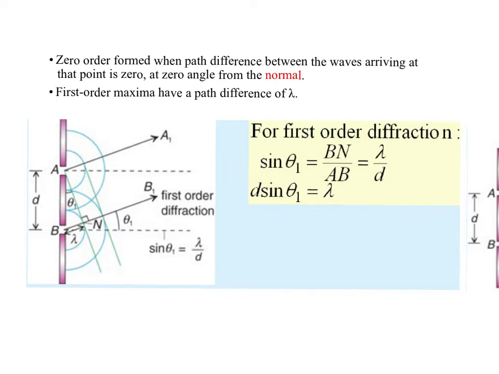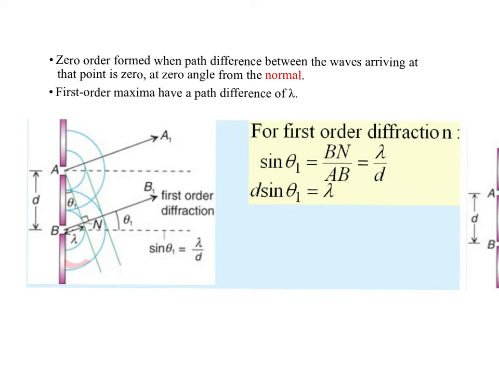So here we have the wavefronts, so these blue lines here are wavefronts, and these are the rays of the wavefronts. Now we can use that to compare how much further the wave from A is compared to the wave coming from B at that point.